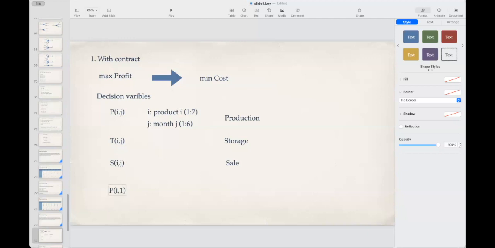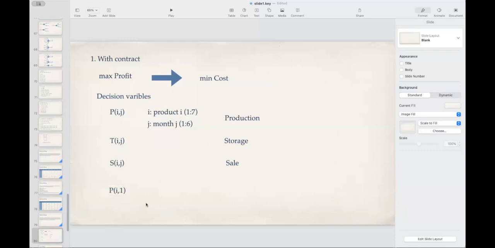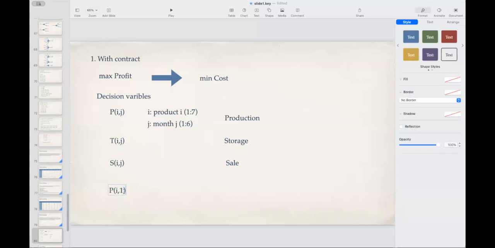So we deal with P I1 first: the product I we produce in the first month, plus what we have in stock of product I in the beginning, must be equal to what we sell to our customer, small I, plus what we store for the second month. Yes or no?